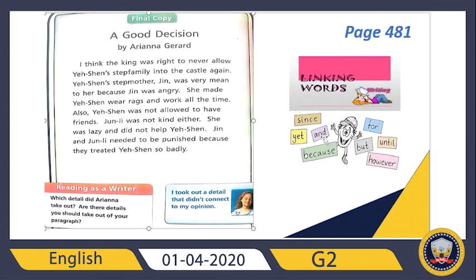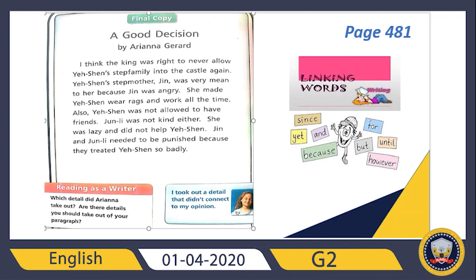Since, yet, and, because, but, for, until, however. See, how did she start her opinion writing? I think. So this word shows that this is her opinion. Maybe you don't agree with her, but this is her opinion. So we call this opinion writing.